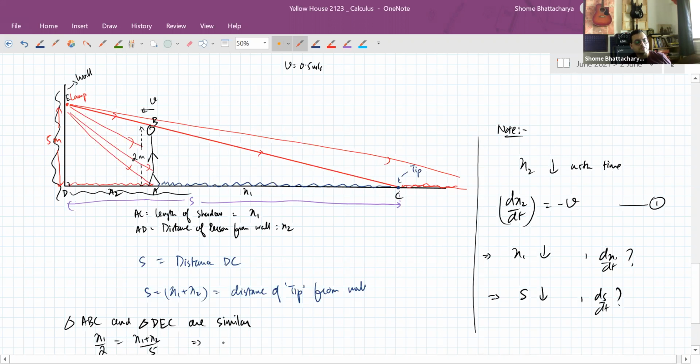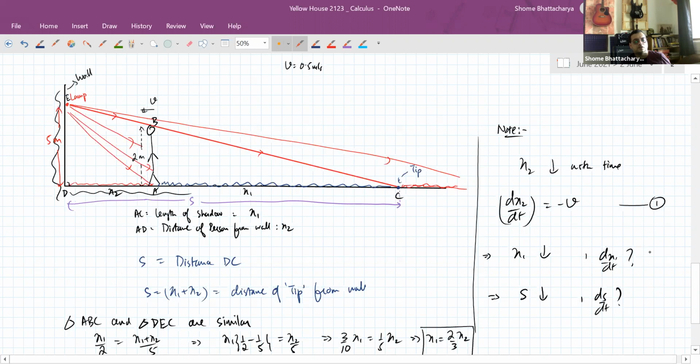From this, we get the relation that x1 into 1 by 2 minus 1 by 5 is equal to x2 by 5. Now 3 by 10 x1 is equal to 1 by 5 x2, which will tell us that x1 is equal to 2 by 3 of x2.